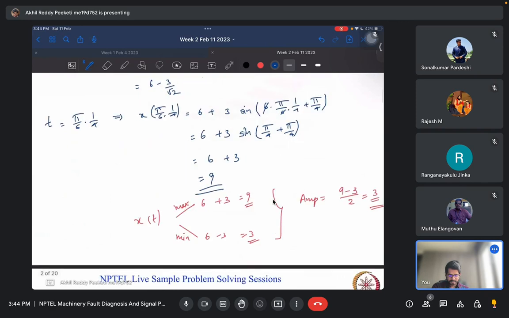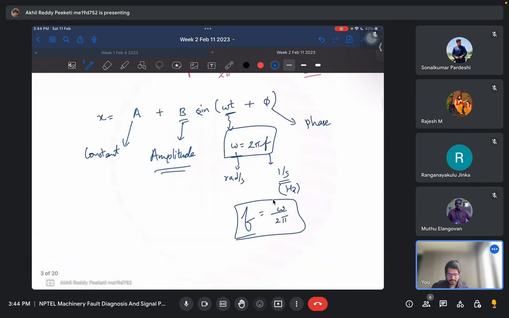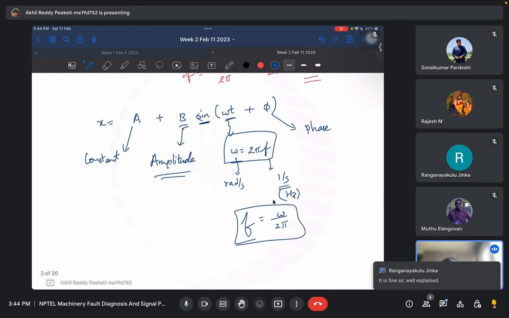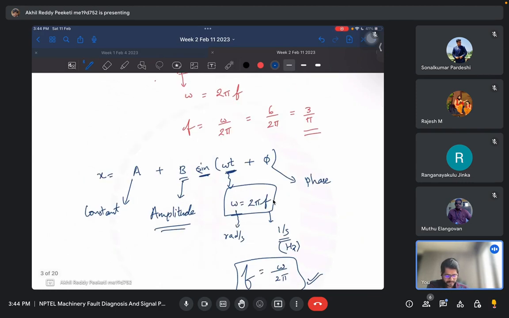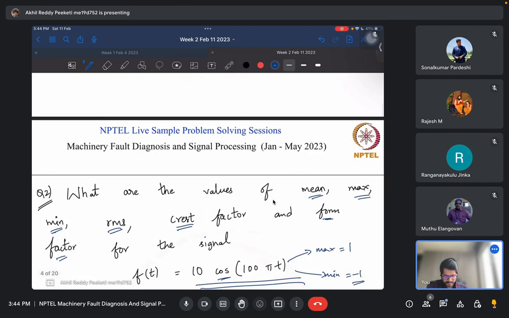If a general sine or cosine signal is there, the amplitude is the coefficient of sine or cos, and the coefficient of time in the argument is omega, the frequency in radians. You can convert to the real frequency by omega by 2 pi. So this is how you can estimate amplitude and frequency if a signal is given.